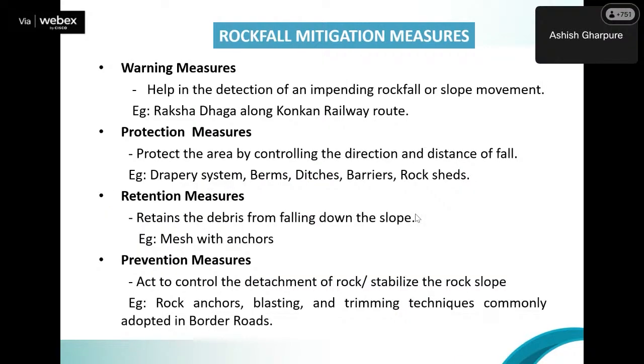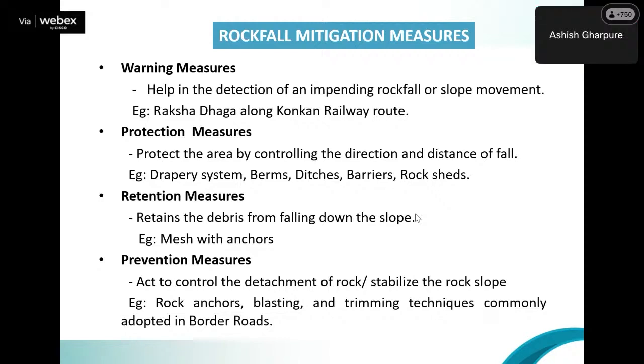So very simple diagnostic, and you can take some measures, starting from just a warning measure that rock may come down, to protection measures, passive measures, retention measures where you hold back the rock pieces onto the slope, or prevention measures so that rockfall doesn't occur.